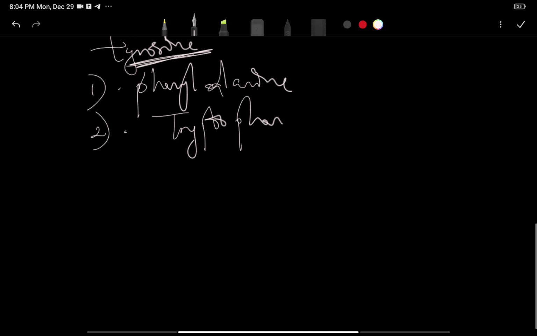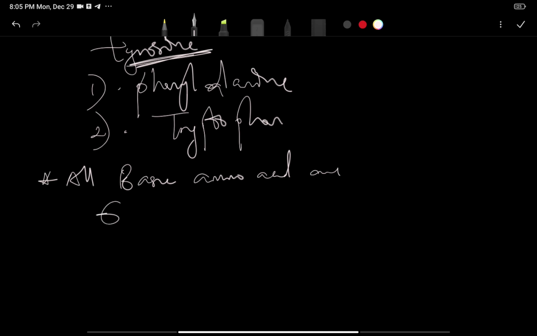Another trick you will use is that all basic amino acids are essential. So what are the basic amino acids?